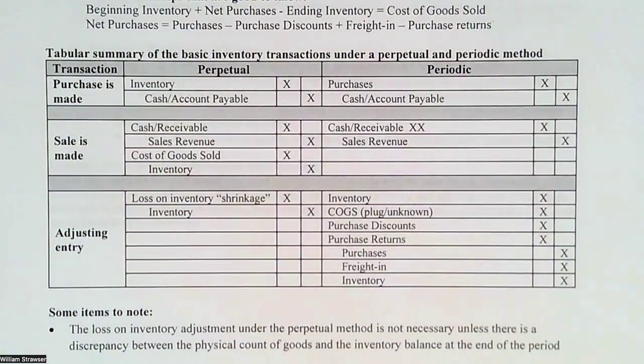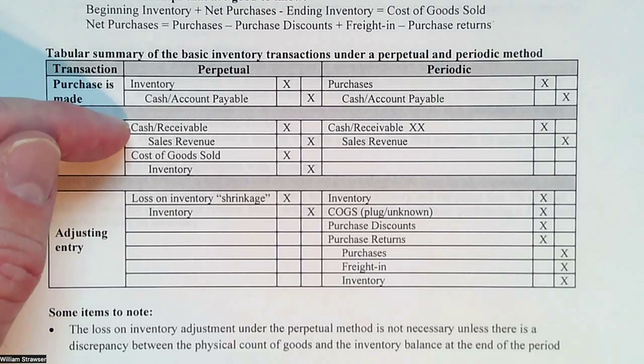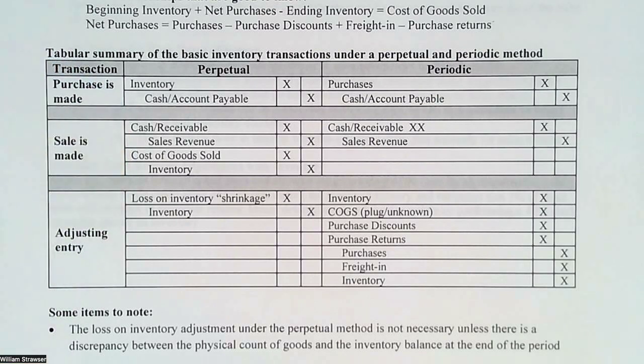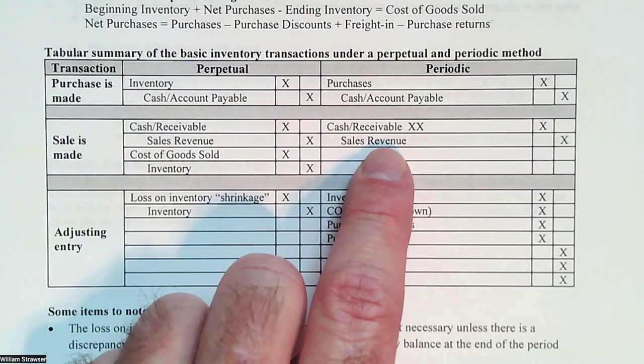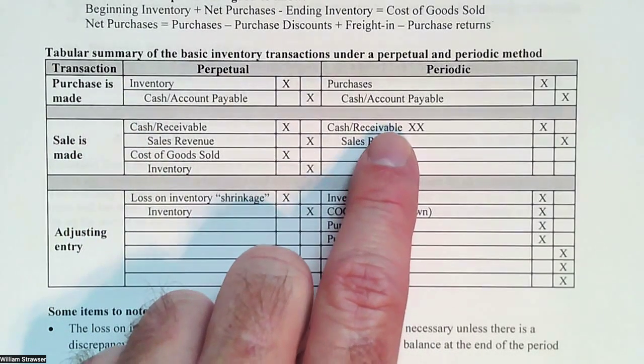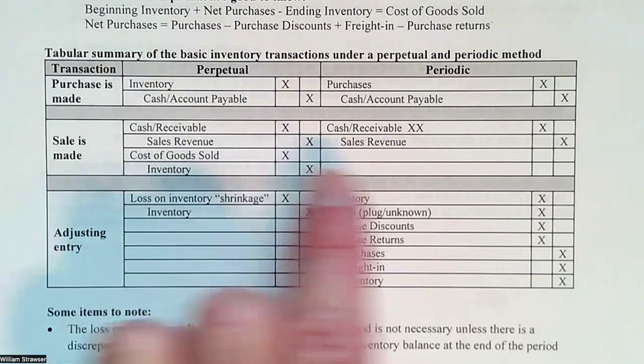When a sale is made under the perpetual system, we record that revenue stream. Maybe it came in as cash, maybe it was a credit sale, so we record an account receivable. We do record the sale in terms of the sales revenue and the cash received or the receivable that's due to us under the periodic system. But note, we do not record cost of goods sold or inventory.